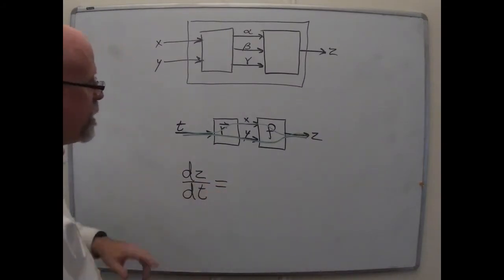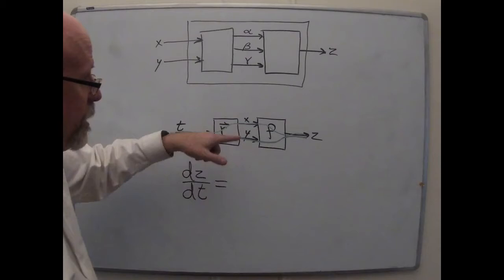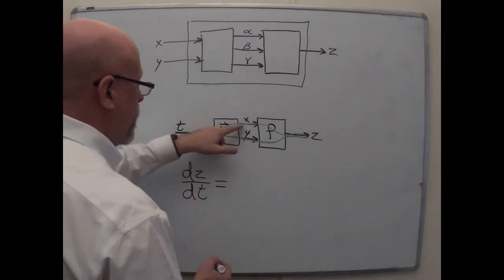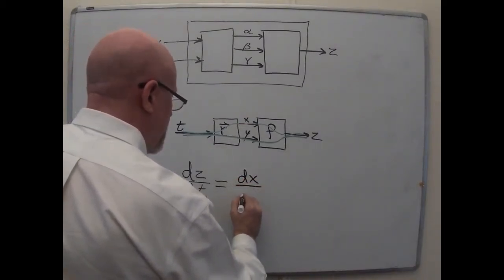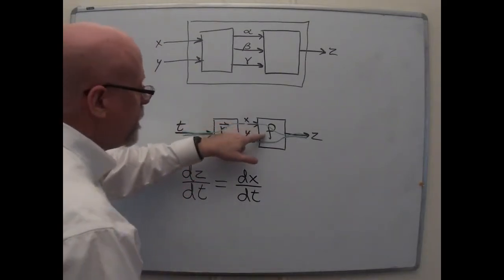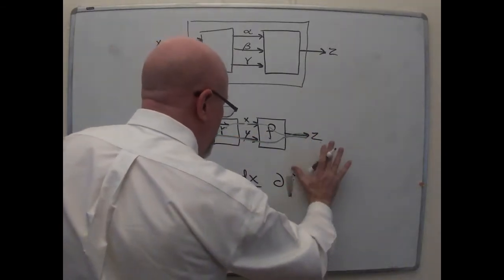And I just said, for each of these paths, what we're going to do is find a derivative in each chunk, and we'll multiply them. So I would have dx dt, which comes out of r, and then partial f, I'm not going to call it f, sorry.